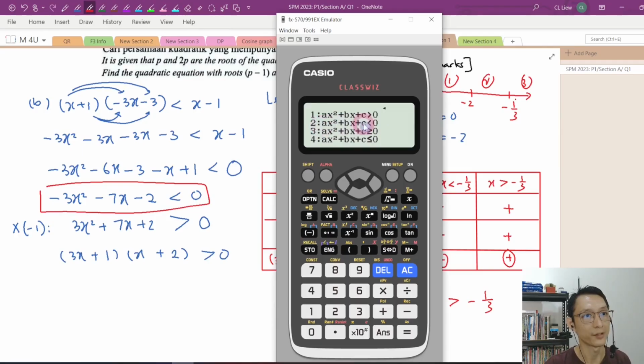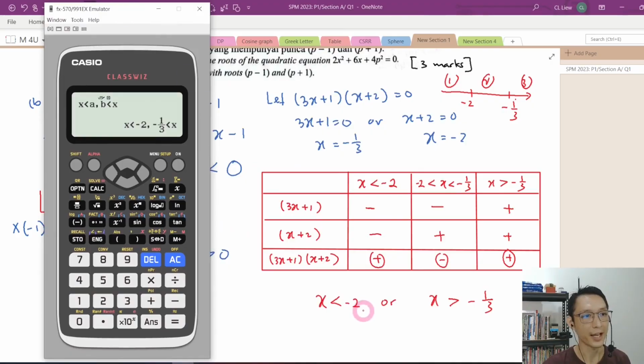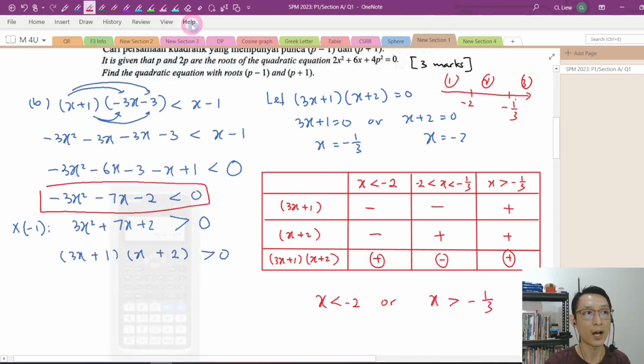So it will be the second one, right? Negative 3, negative 7, and negative 2. Okay, x is less than negative 2, and x is greater than negative 1/3. This is how we use the calculator to help us check our answer.